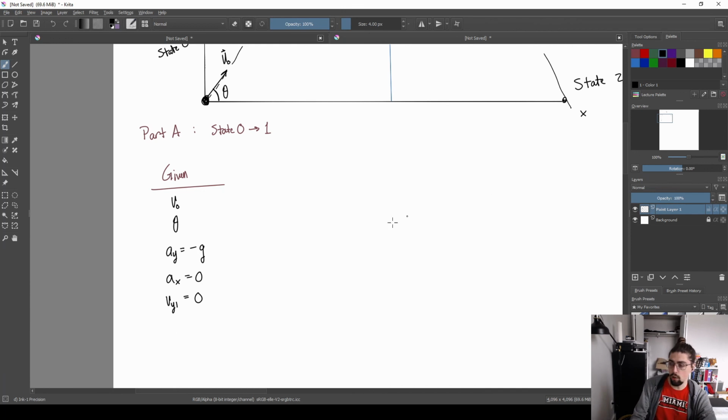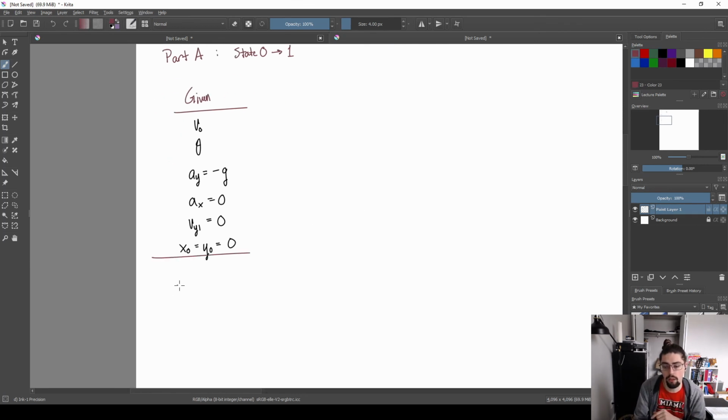The last thing that I can do here is I can also say that x0, y0, can we all agree that those are 0? We've got everything that we need. The last thing that I will do, and here's kind of like a circumstantial thing, is that for our initial launch here, these are things that we know, but not necessarily things that are given variables.